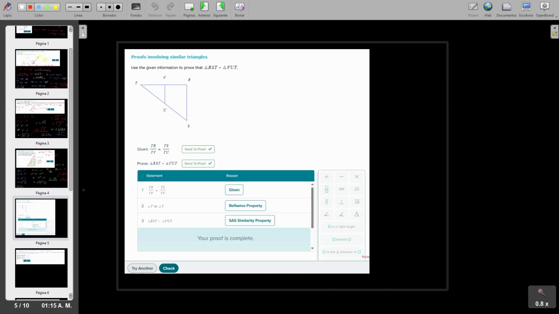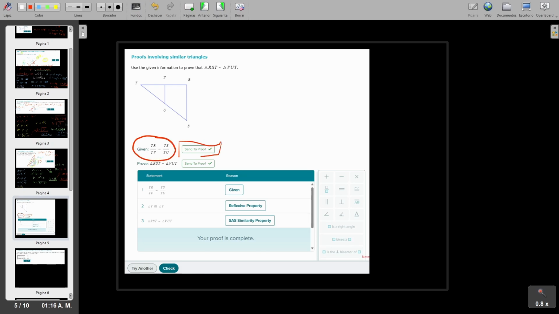This is going to be simple. You remember how we do this? First, we need to send the first part to proof.